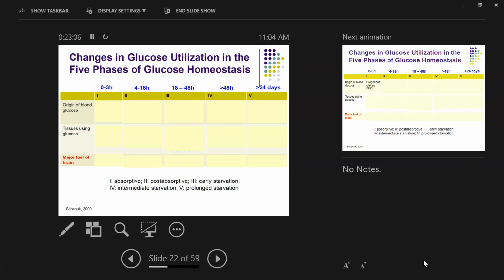Okay, and this table summarizes similar information to the last slide, but in a different way.